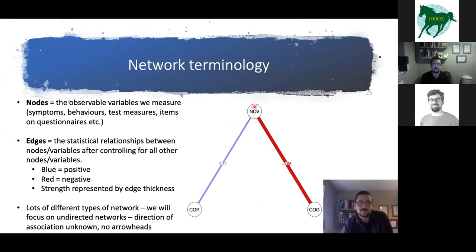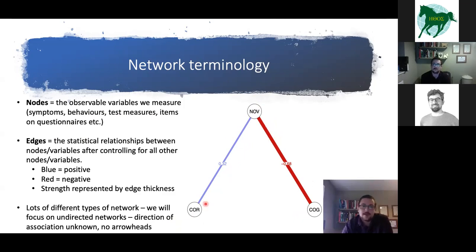Here we might have fear of novelty or a novel object test, hair cortisol, and let's say latency in a judgment bias task. The edges are the lines connecting nodes, and these are typically statistical relationships between variables, after controlling for everything else you've measured. So they're not marginal correlations, they are conditional associations.